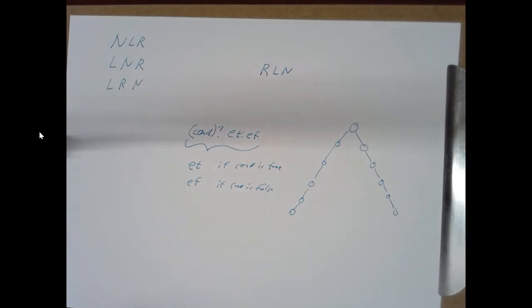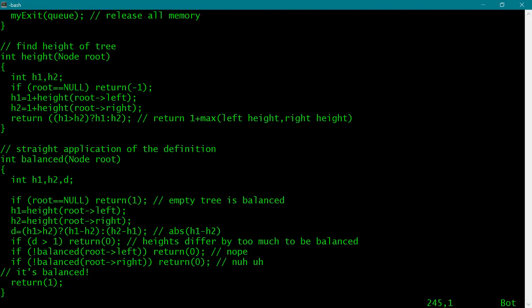So one criteria is to make sure that the height of the left and right subtrees are within one of each other, but you also have to make sure the left subtree is balanced, and you have to make sure the right subtree is balanced. So you got to satisfy all three things for the tree to be balanced. Heights are close, left is balanced, right is balanced. If all of those are true, or if the tree is null, it's balanced, otherwise it's not balanced.